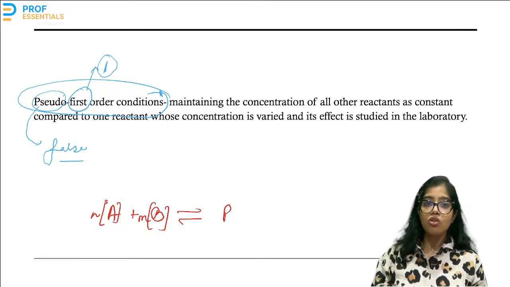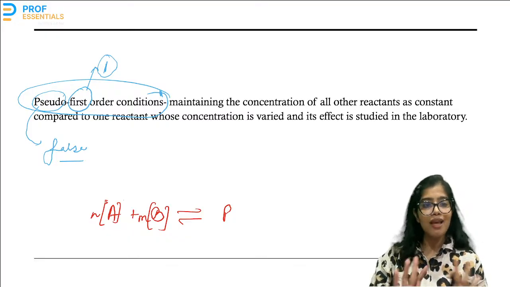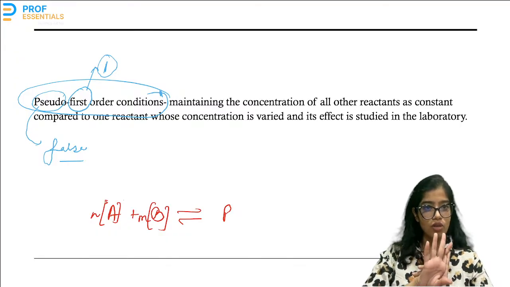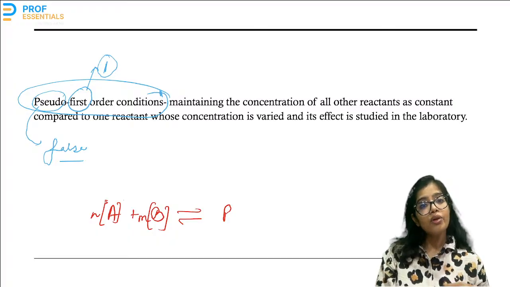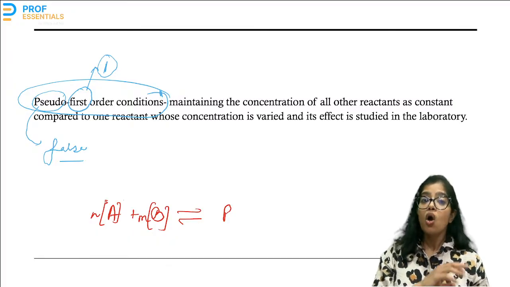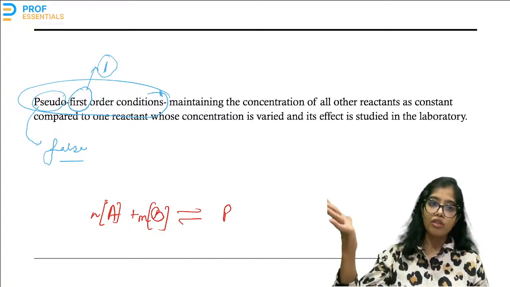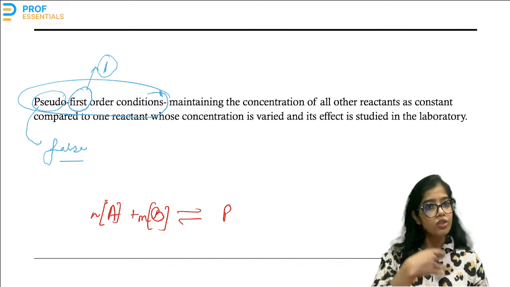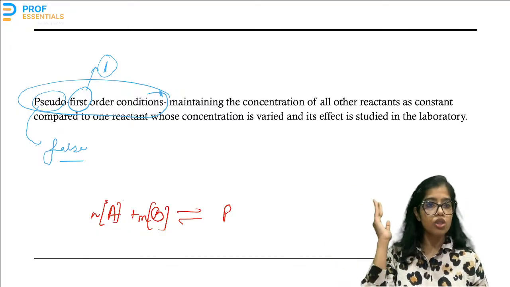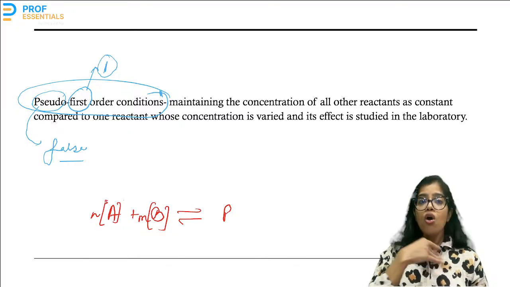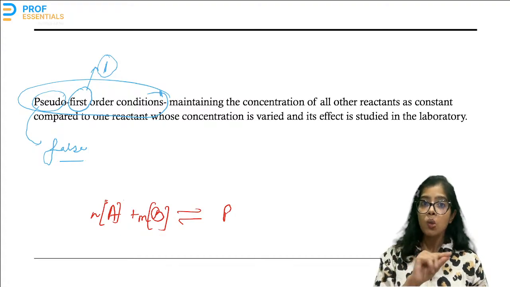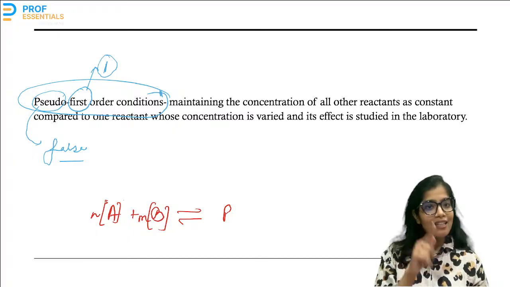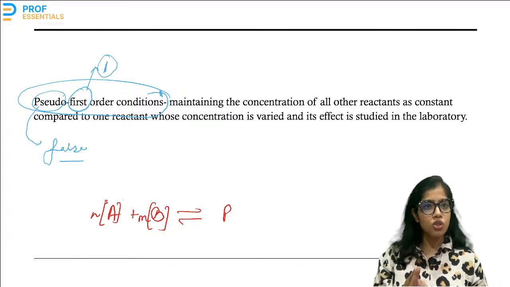Suppose you maintain the concentration of B as such, you're not going to affect it, the concentration of B is going to be constant, and you're going to change the concentration of A, or introduce temperature changes, some other reactant, pH changes, or pressure changes, and you're going to see how it affects the rate of this reaction, then that condition is going to be a pseudo first order condition.